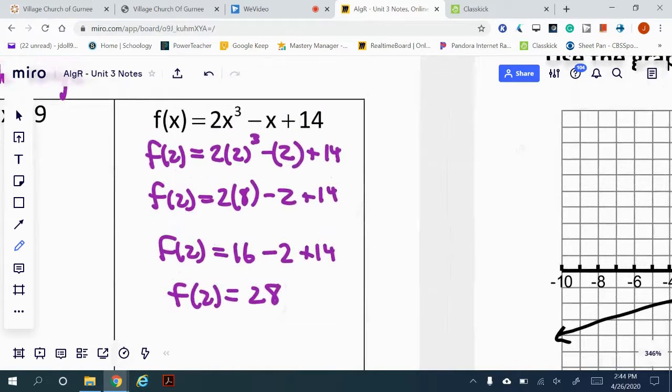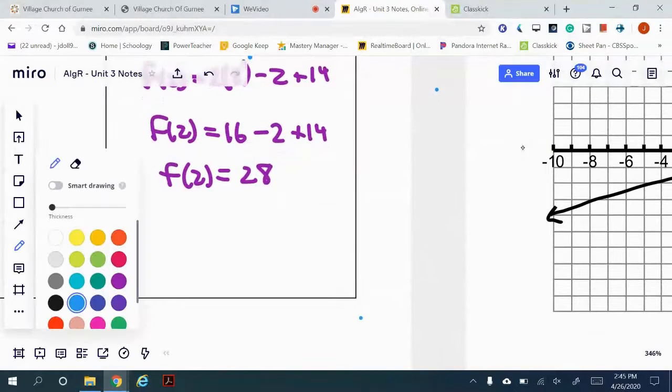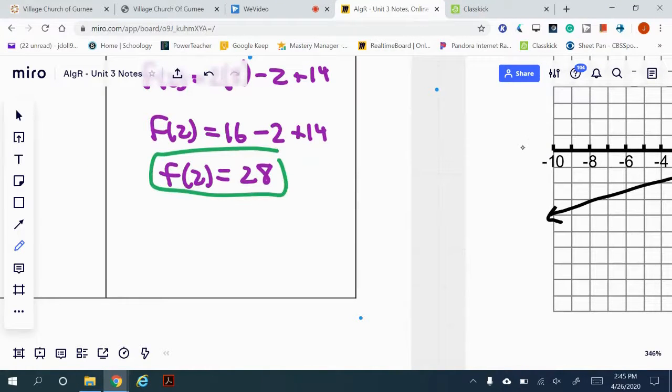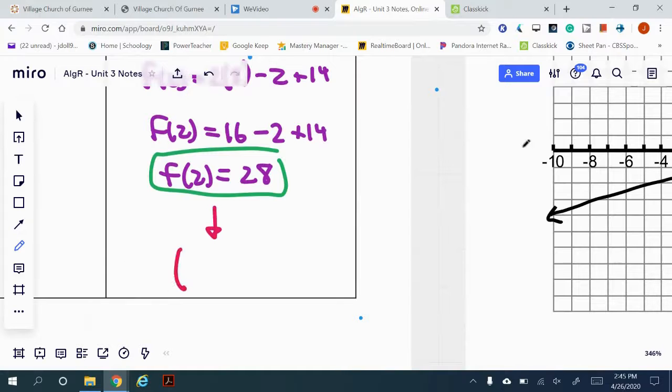So please make sure, guys, notice the first thing we did, this came first, and then the multiplication. That's one of the biggest mistakes people make. Again, that's function language. That's what our answer should be written in. What is this in relation language here? As an ordered pair, this would be the same exact idea as the ordered pair of (2, 28).